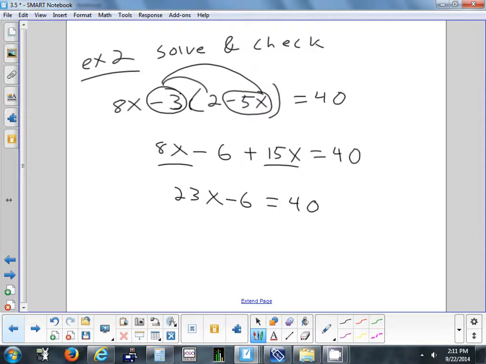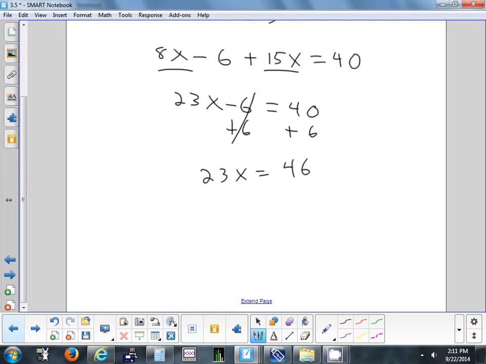2 steps left. Anybody give me my next step? Yep, we're gonna add 6. So we get 23x equals, what's 40 plus 6? Go ahead, Chelsea. 46. And now my last step. How do I get x alone? Joe?